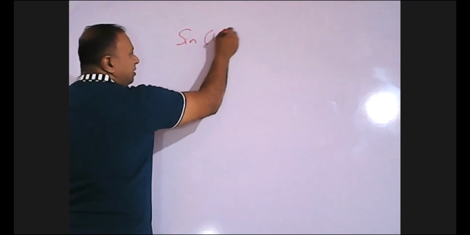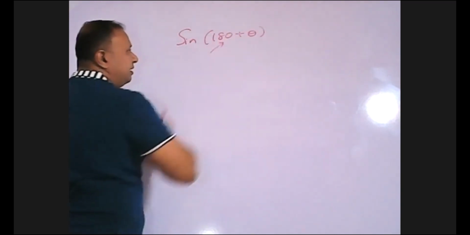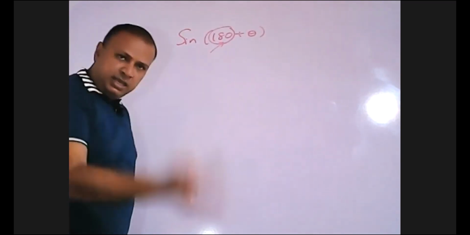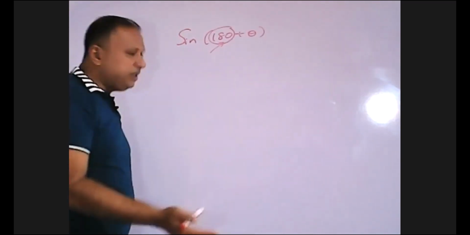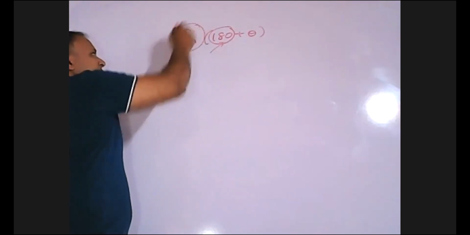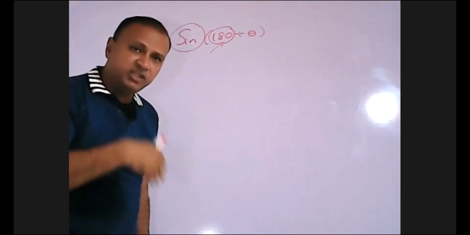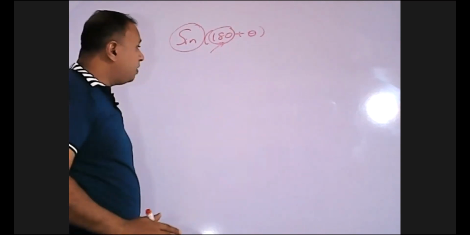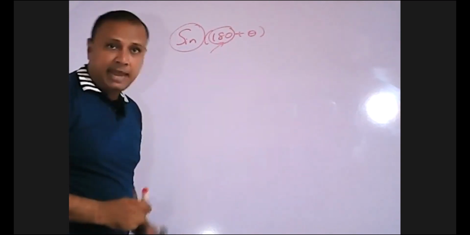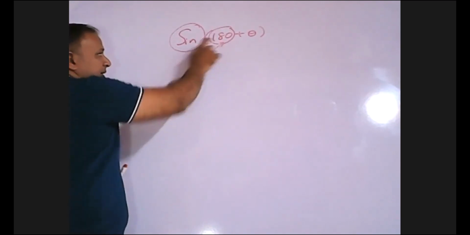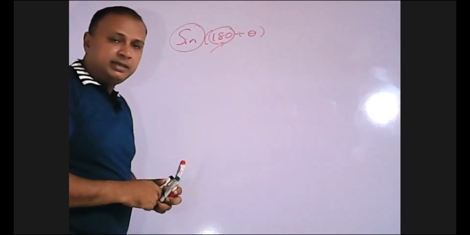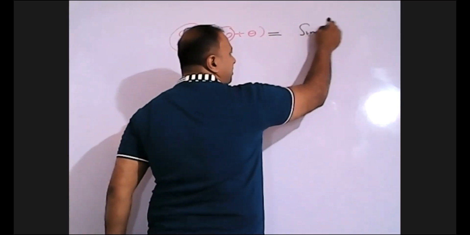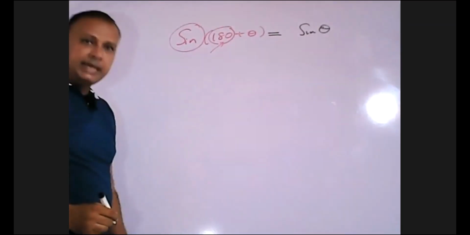Suppose this value is an even multiplication. Then the trigonometric ratio doesn't change. Sine remains as sine, cos remains as cos, tan remains as tan. Then the magnitude is equal to sine theta.